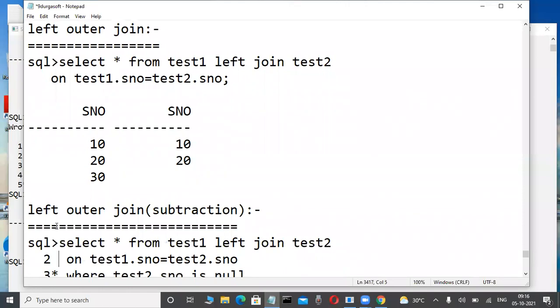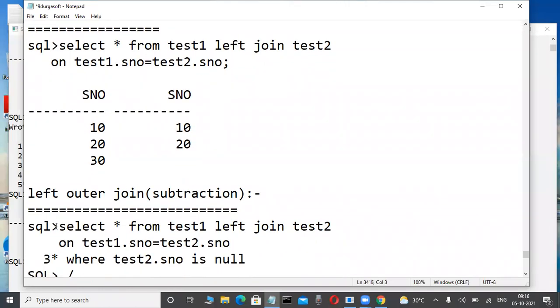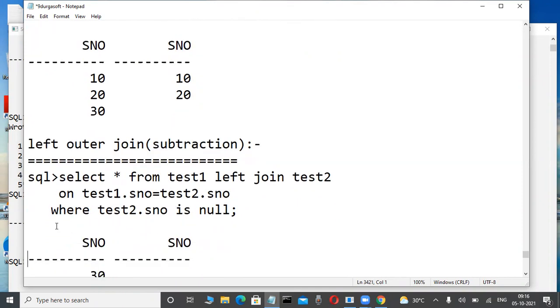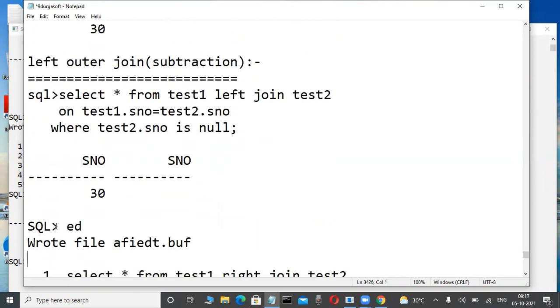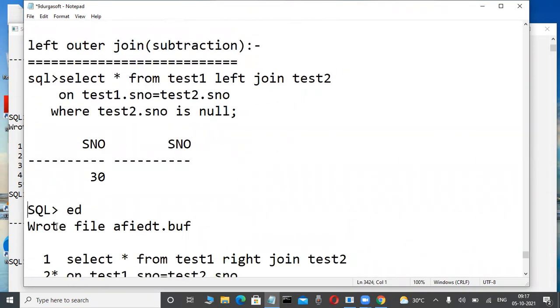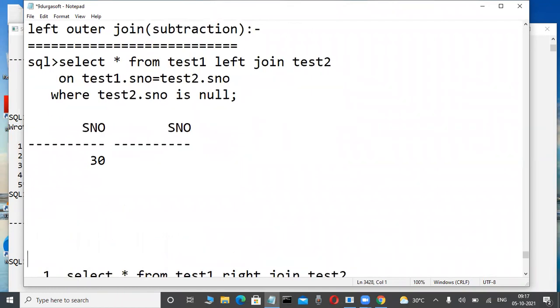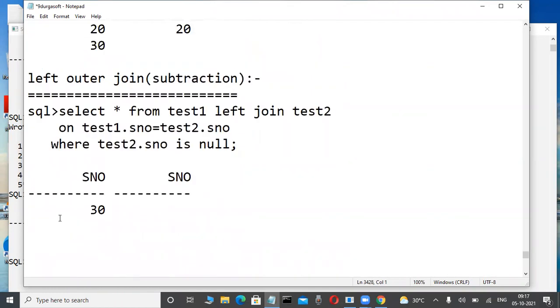This is the left outer join subtraction.